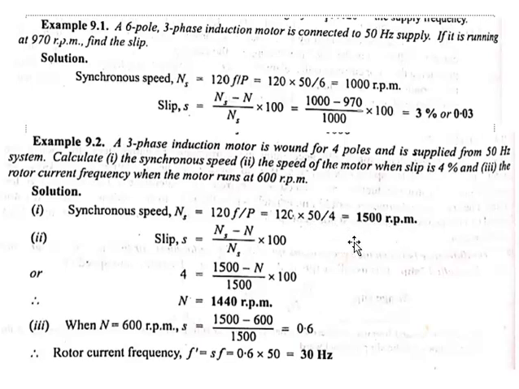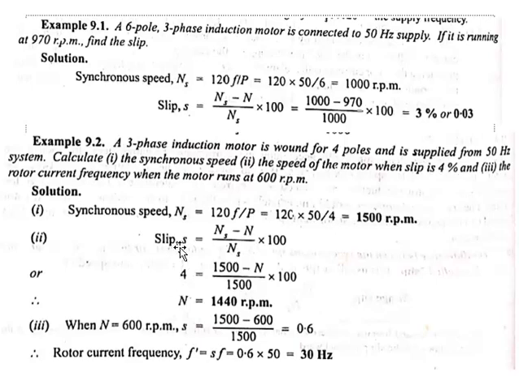Once we know the synchronous speed, we have to find the speed. They are asking for the speed and they have given the slip. In this particular formula, this is given. We calculated Ns, only unknown is N. So we can say 4% is given.